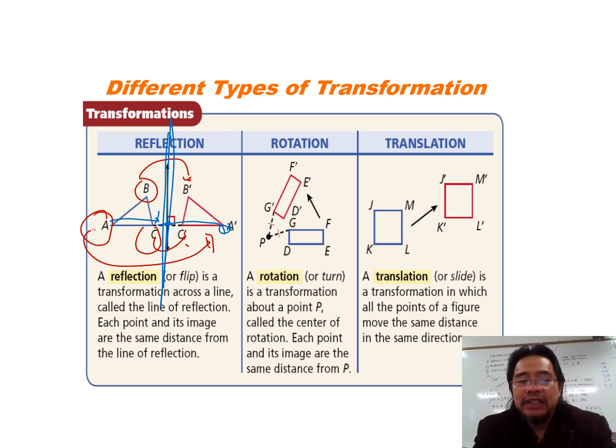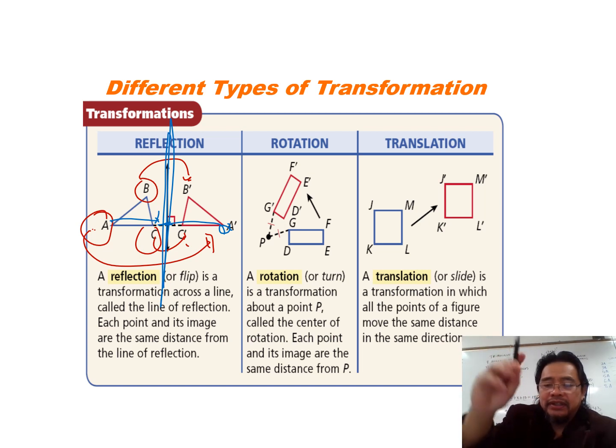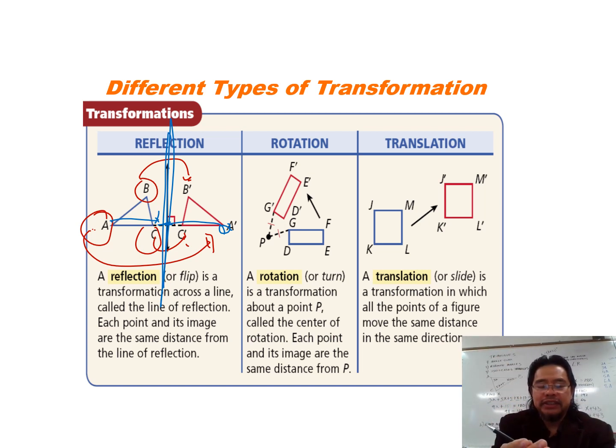The other one is rotation. When you say rotation, as if it is tied to a nut and anchored to a corner here. And in this corner, it will swing left to right, or right to left. It swings with an anchor at the base or tied to a point. It is a transformation about a point called the center of rotation.